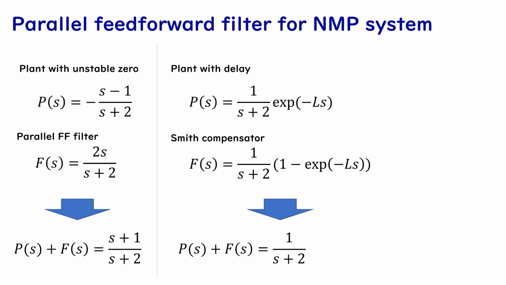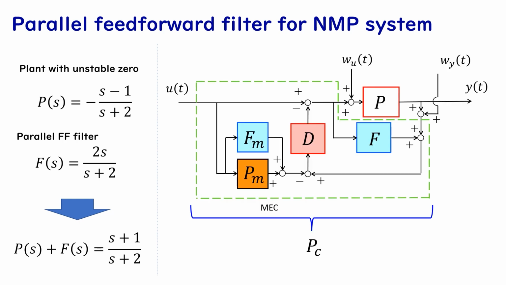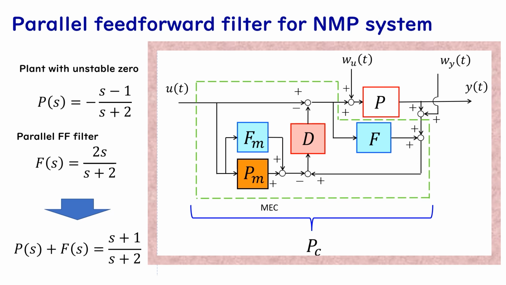Also, consider a case of a plant with delay. In this case, when we apply a Smith-type compensator, P plus F can be given as a minimum phase system. This idea is applied for the model error compensator and the structure is given like this. We can find a filter is added to the model error compensator.